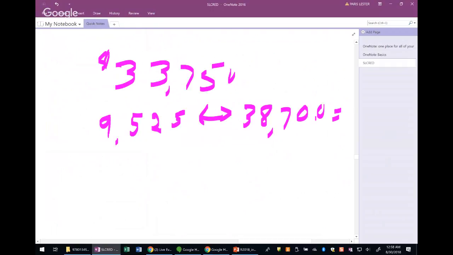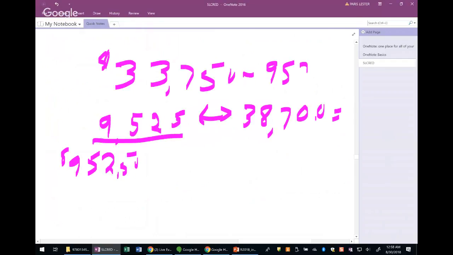Now, what is your tax? What does it say your tax is to start with? 952.50. That's on the 9,525. All right, look at this, folks. Now subtract 9,525 from the 33,750.